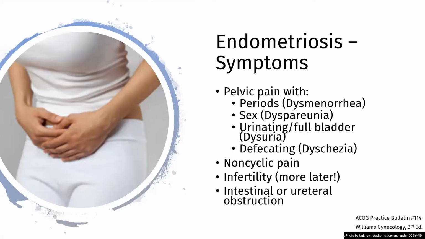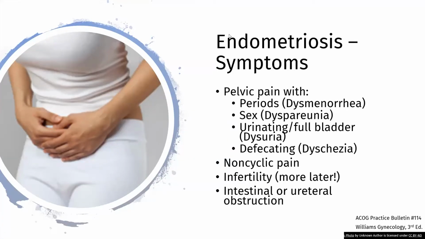Typically, when these symptoms persist for a long period of time, it can lead to patients having pain outside of the time immediately surrounding their cycle, and we term that non-cyclic pain. Another symptom is difficulty becoming pregnant, and Dr. Behbehani, my colleague, will discuss more about this later.